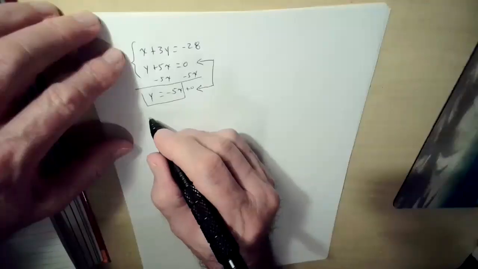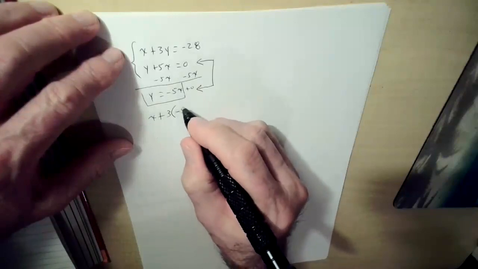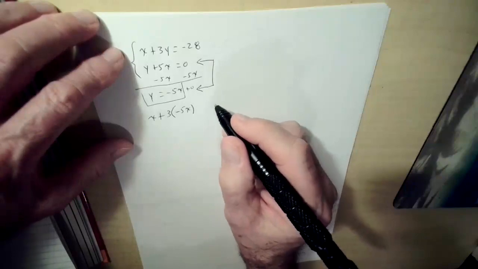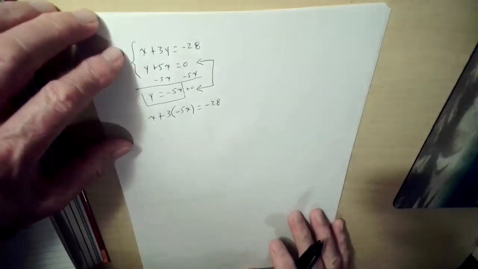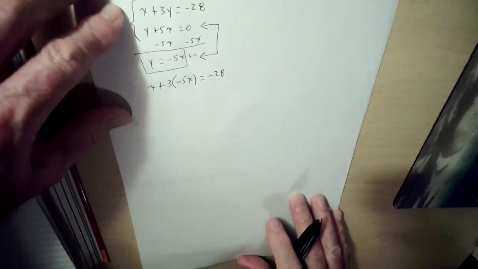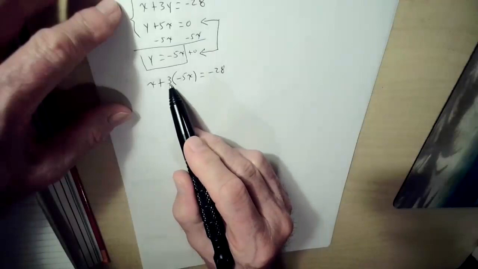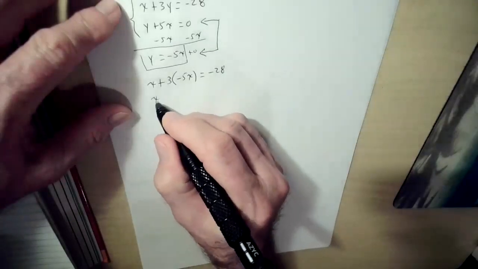Now you plug it back into the other equation. And remember, this equation and this equation are the same. They're just rearranged. So we get x plus 3 times y. y is negative 5x, equals negative 28.